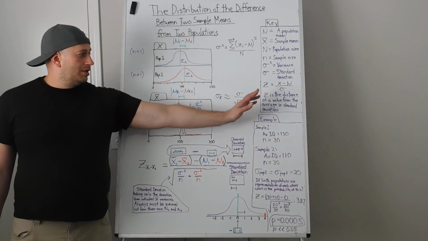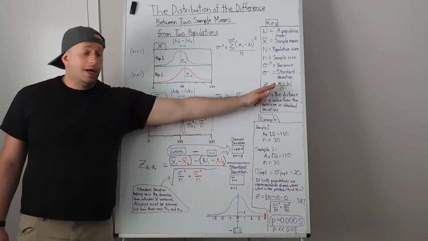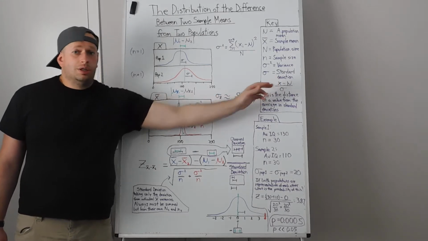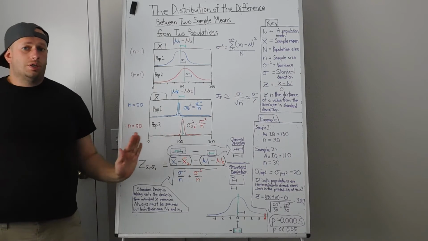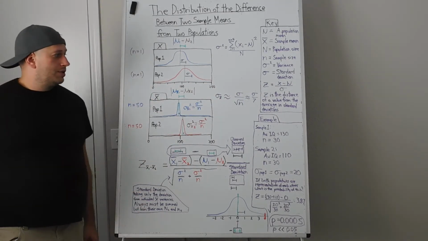So, if you want to look at this algebraically, you take a particular value, you subtract the average from it, and you divide it by the standard deviation, and that shows you how many standard deviations away it is. That's what Z is, the number of standard deviations from the average.